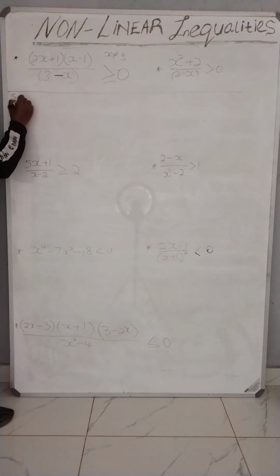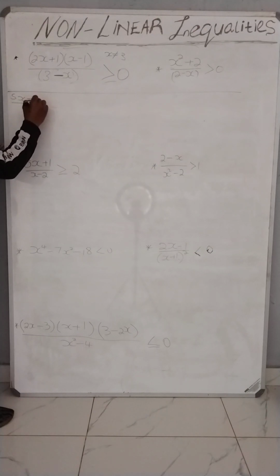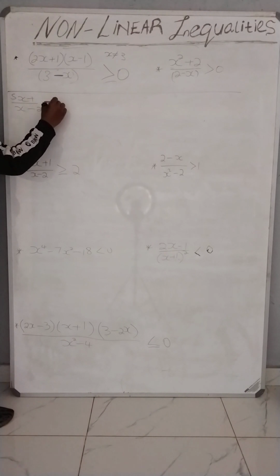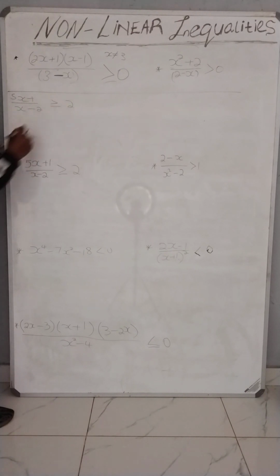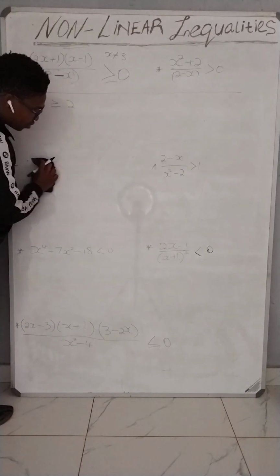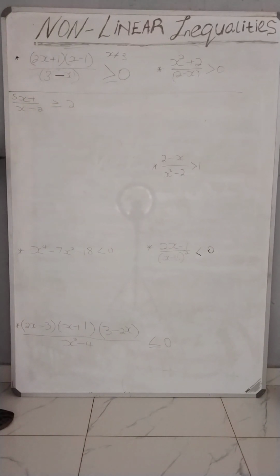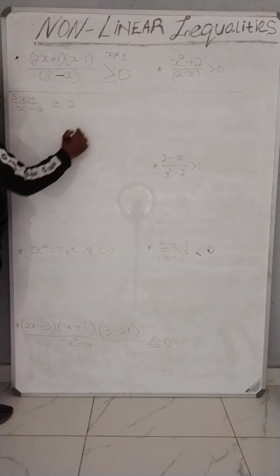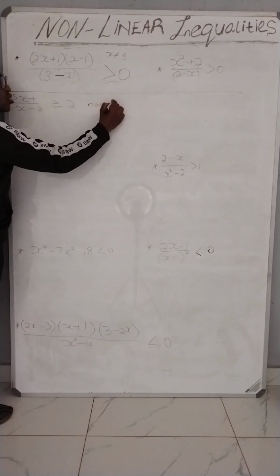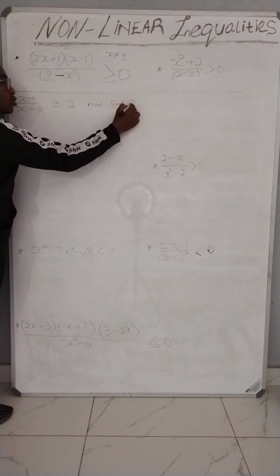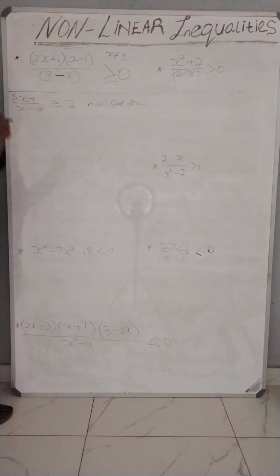So 5x plus 1 divided by x minus 2 is greater or equal to 2. I'm going to remove it here because I need a little bit of space. So the first thing is you recognize that this is not in standard form.